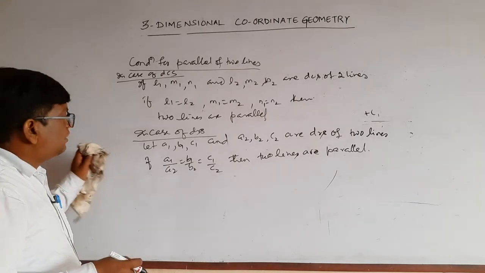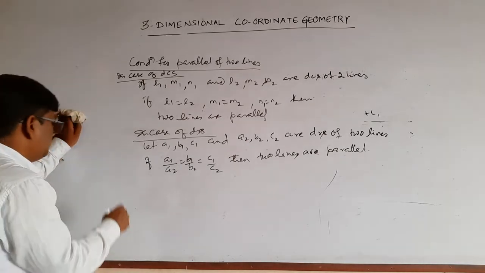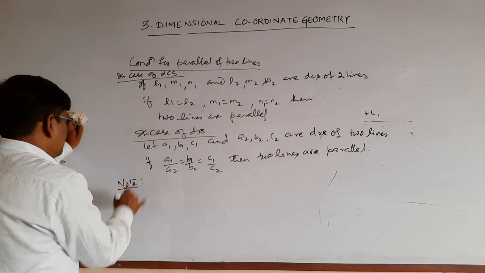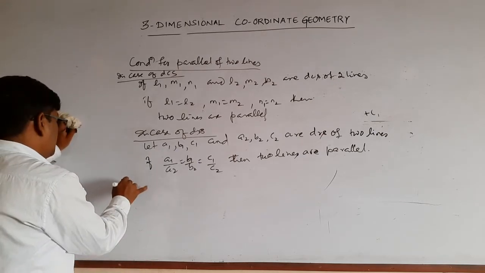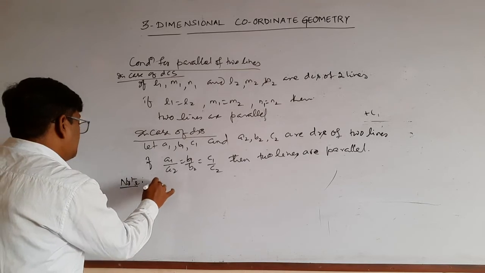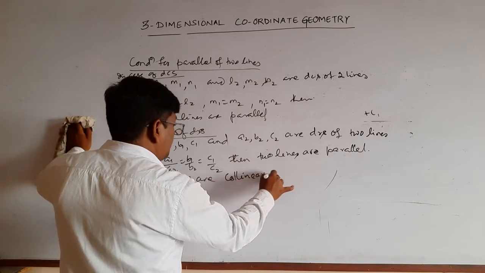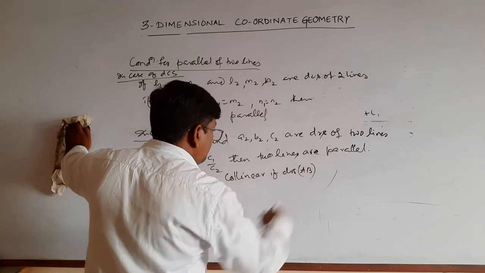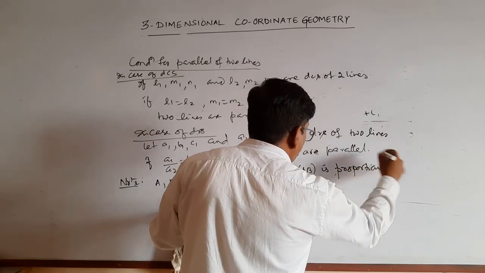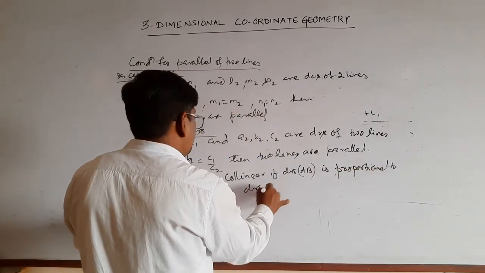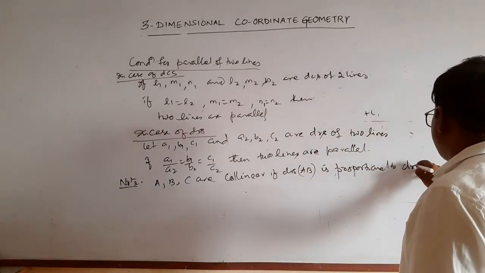Note that if three points A, B, C are collinear, then the DRs of AB are proportional to the DRs of BC.